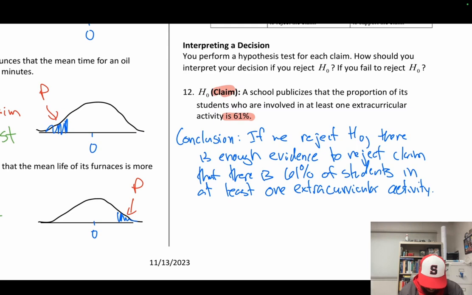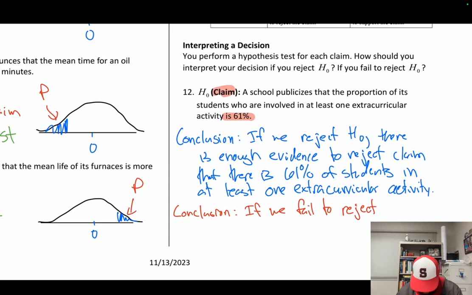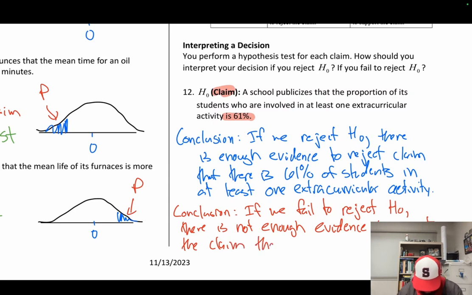Now on the flip side, conclusion 2: if we fail to reject the null hypothesis, that tells us there is not enough evidence to reject the claim that 61% of students are in at least one extracurricular activity.